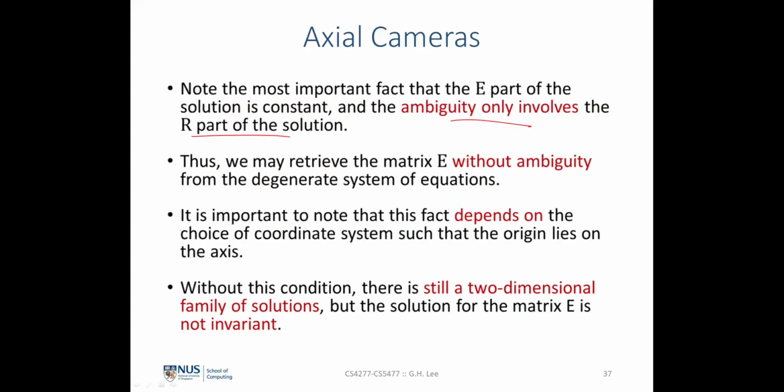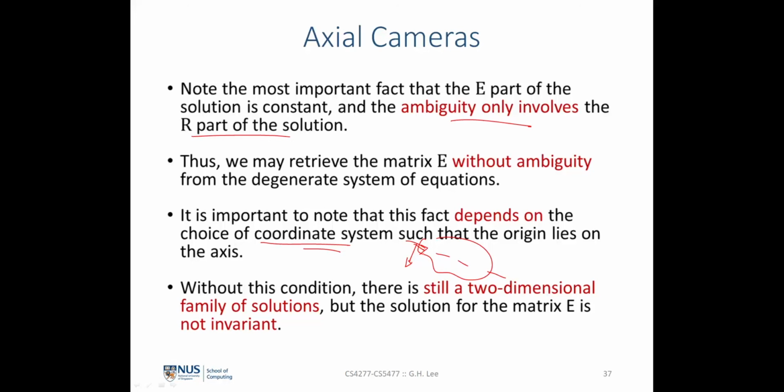The reason is because we choose the coordinate system to be on the axis itself. So here it means that we chose this particular reference frame to be on the axis. Hence, we can derive this particular form of solution where the ambiguity only lies in the rotation component of the solution instead of the essential matrix.